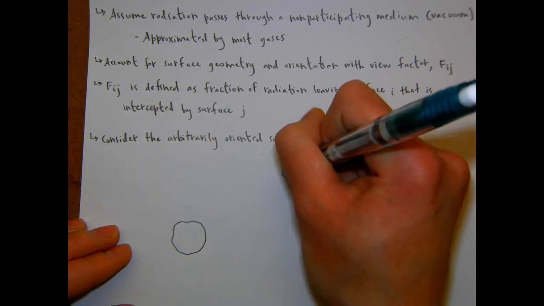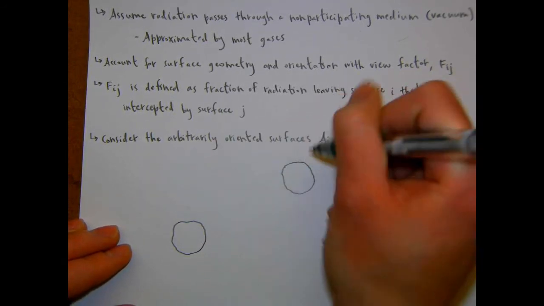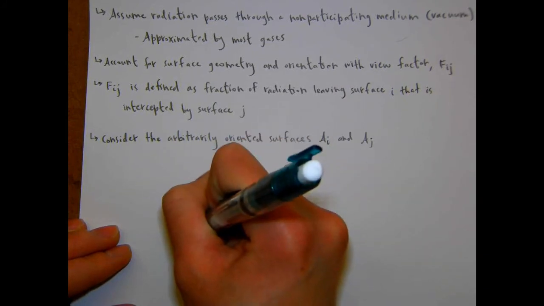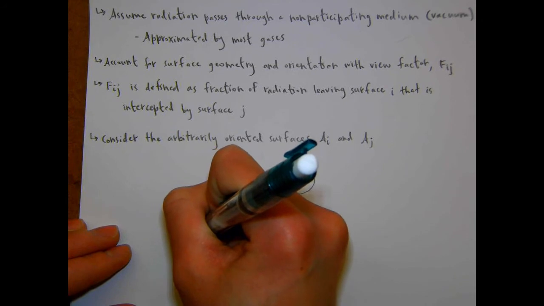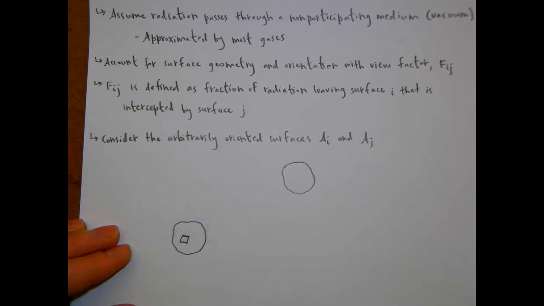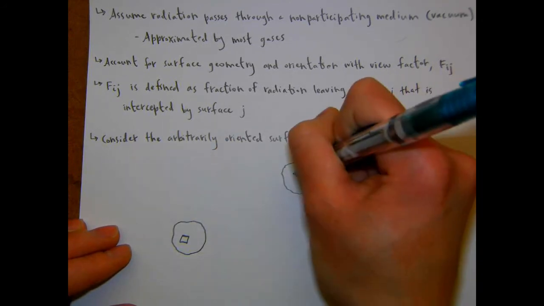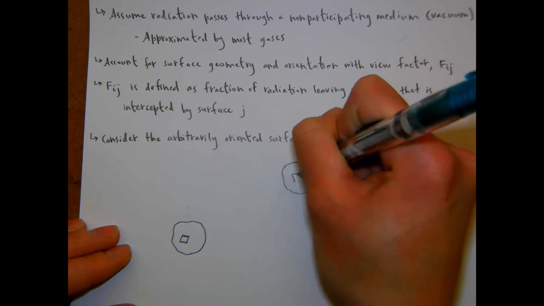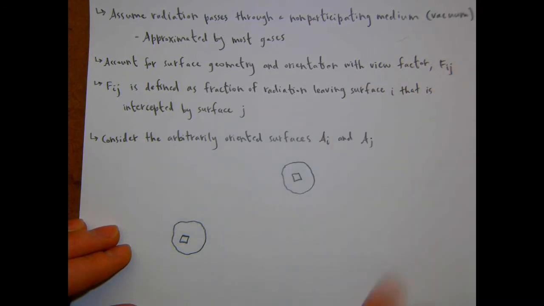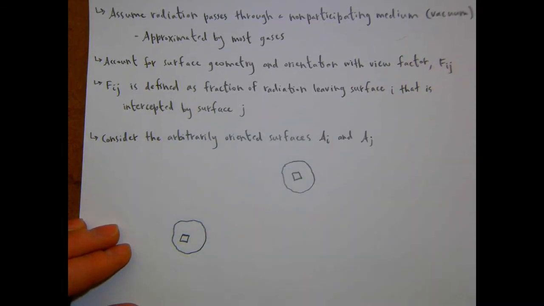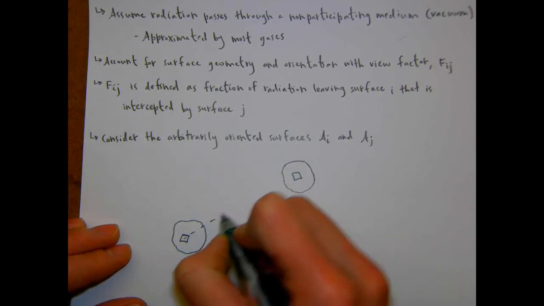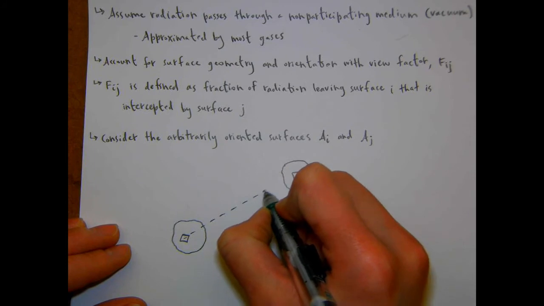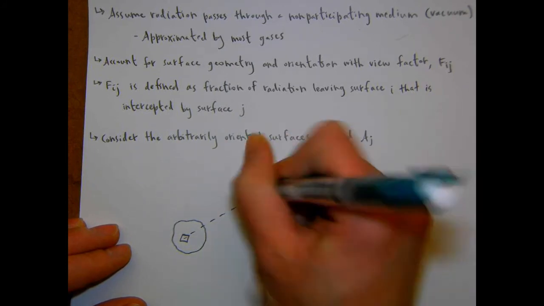So we'll take two random surfaces, and we're going to consider differential areas on those surfaces. Those differential areas are separated by a distance r.